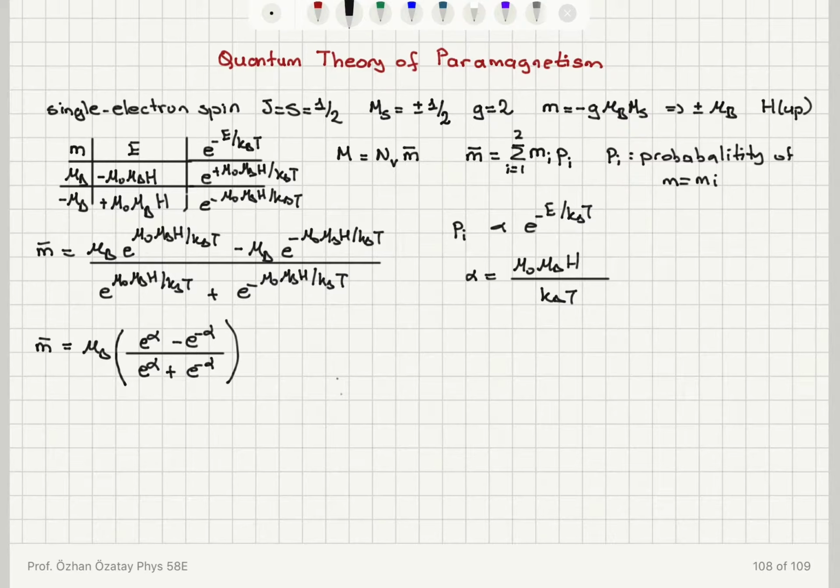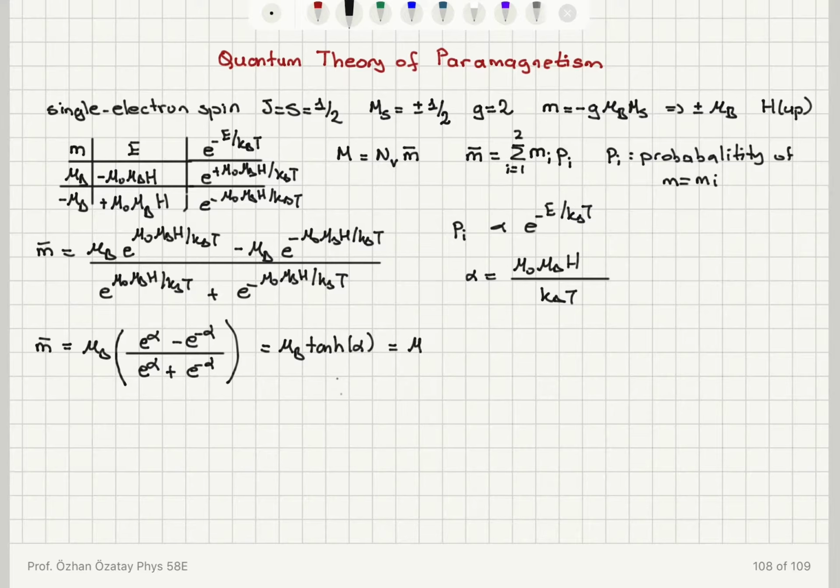From the top I can see that e to the alpha minus e to the minus alpha divided by 2 would be hyperbolic sine. For the bottom, e to the alpha plus e to the minus alpha over 2 would be hyperbolic cosine. So this is mu b times hyperbolic tangent of alpha, where alpha is here.